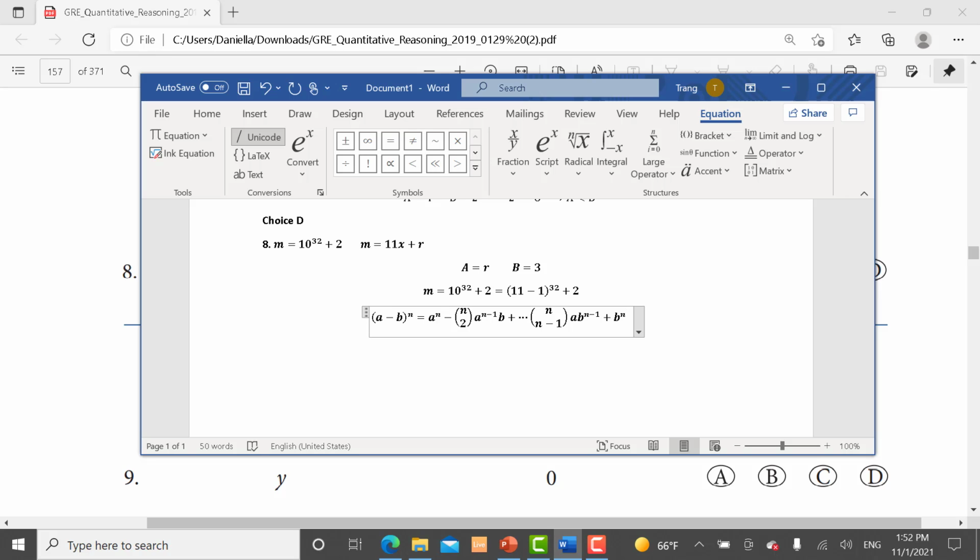So this is the general formula for a minus b whole to the n.